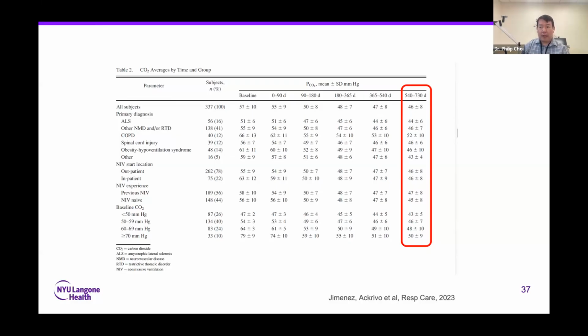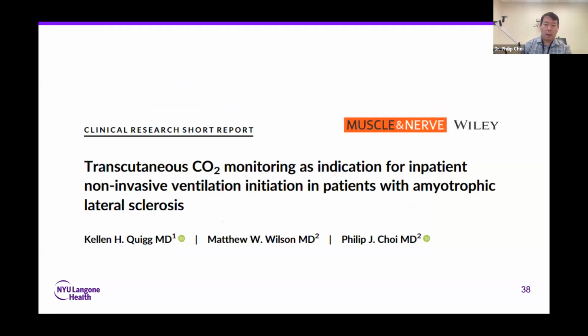As you can see in this last column, most of these patients, no matter what group we divided them into, were able to achieve a reduction in their PCO2 from baseline, with many of them being essentially either near normal or normal.